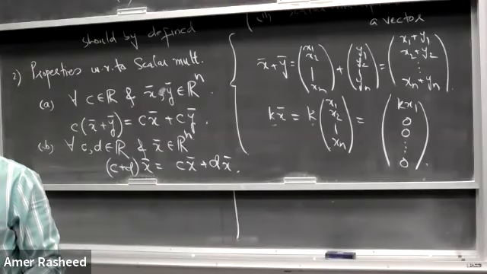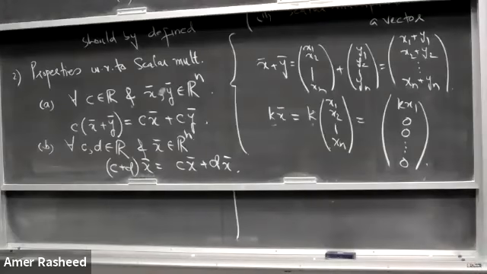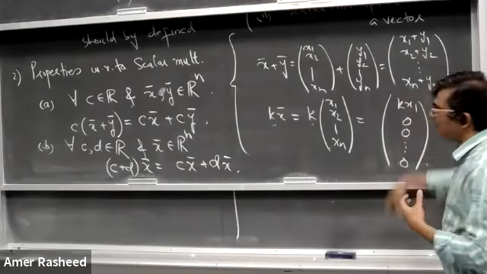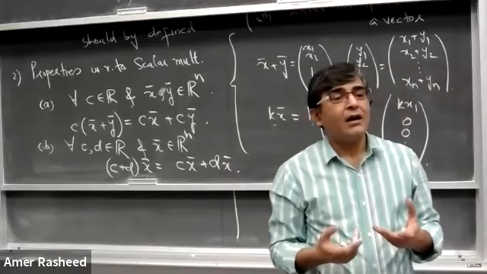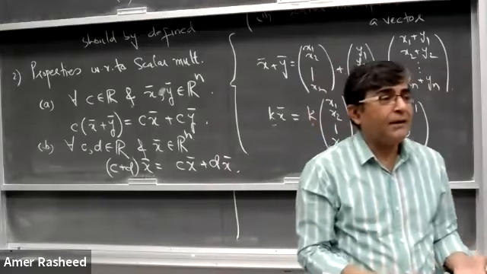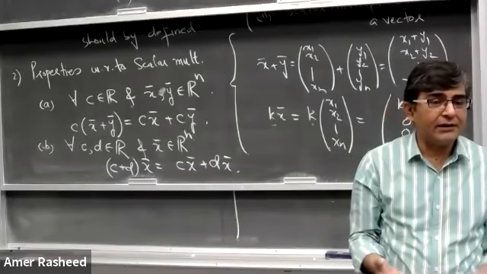Sir, similarly, the constant k can be a power as well as a multiple, something to be multiplied with? No, it depends. This definition of scalar multiplication depends on your practical application. You are working on a certain problem.